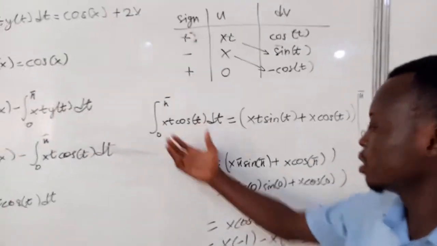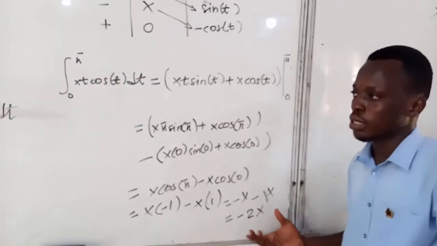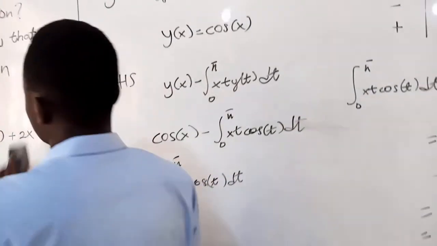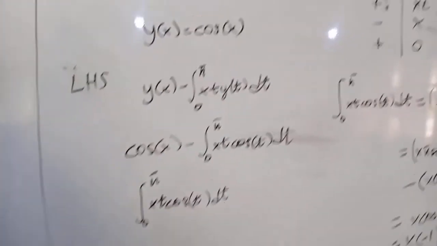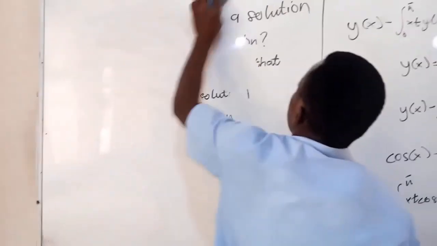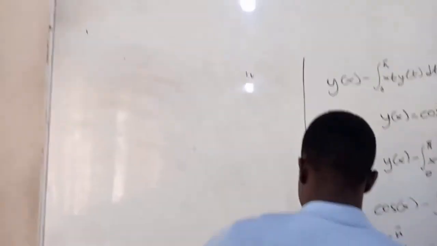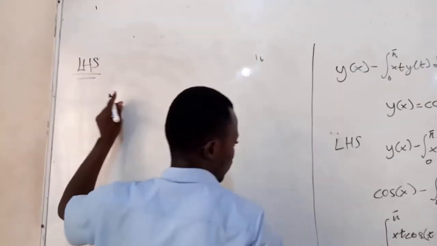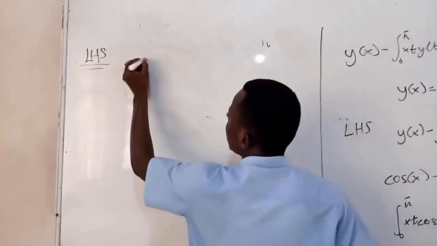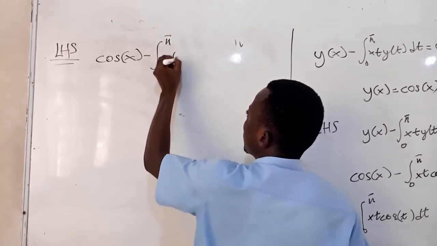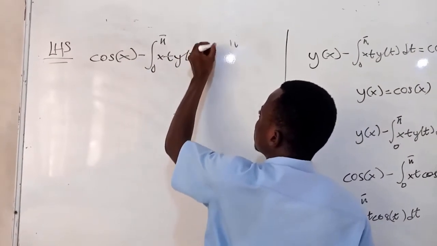So the whole of this integral is equal to what? Minus 2s. Now you have to substitute this into this side. On the left hand side we have cos s minus integral from 0 to pi st y of t dt.